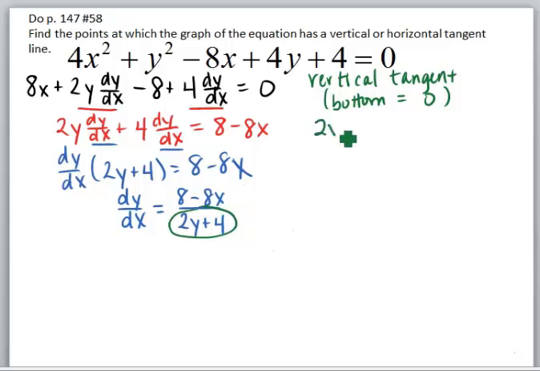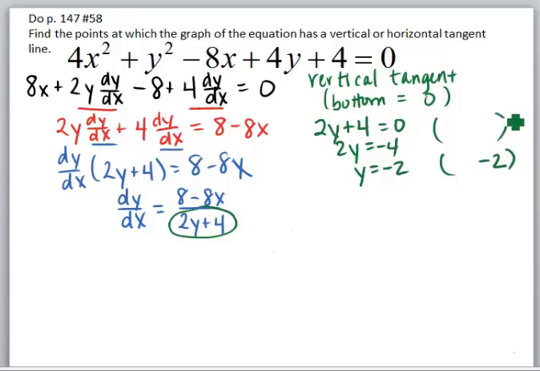Well, quite simply, that would just be where y is equal to negative 2. That doesn't tell me the actual points at which this is going to occur. So all I really have is that I know it's going to be at y equals negative 2. Now I've done this problem before, so I actually know there's going to be 2 points that come up, but let's go ahead and assume there's just one for right now.